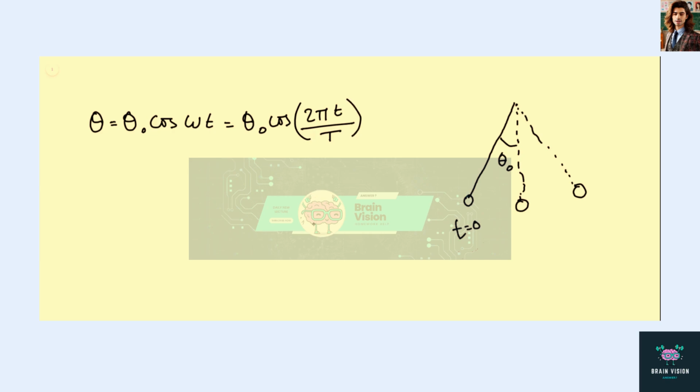Now we can solve the time for the position to decrease to half of the amplitude.